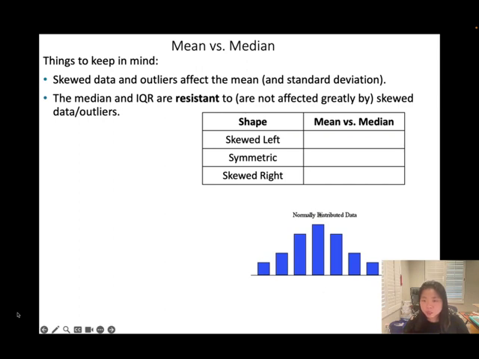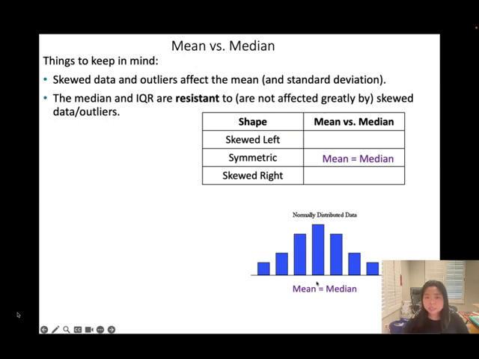But actually, when you have a normal distribution like this, we could also use the median because the data is going to be in the middle, just like this. All the data on the left-hand side will be similar to all the data on the right-hand side. So when we have the normal distribution, the mean should be equal to the median. It's going to be in the middle here.